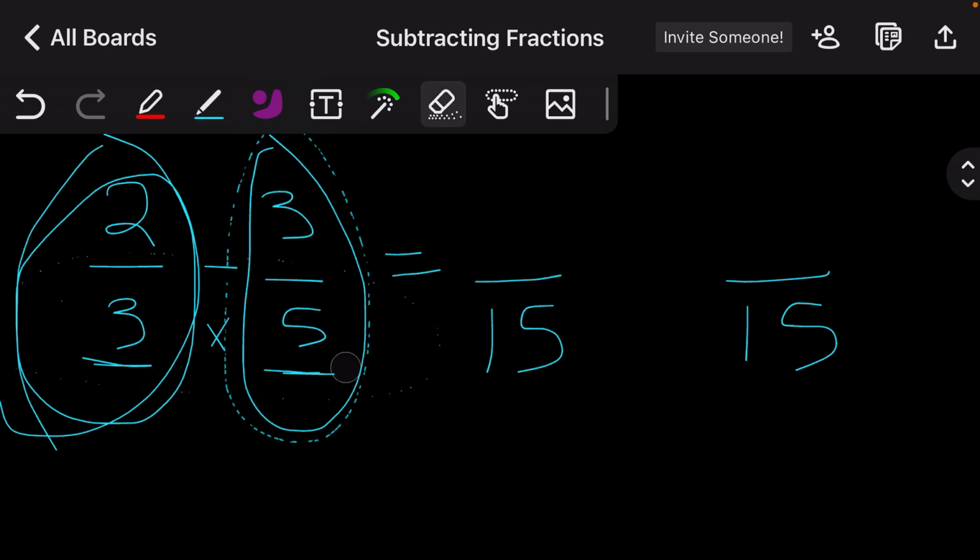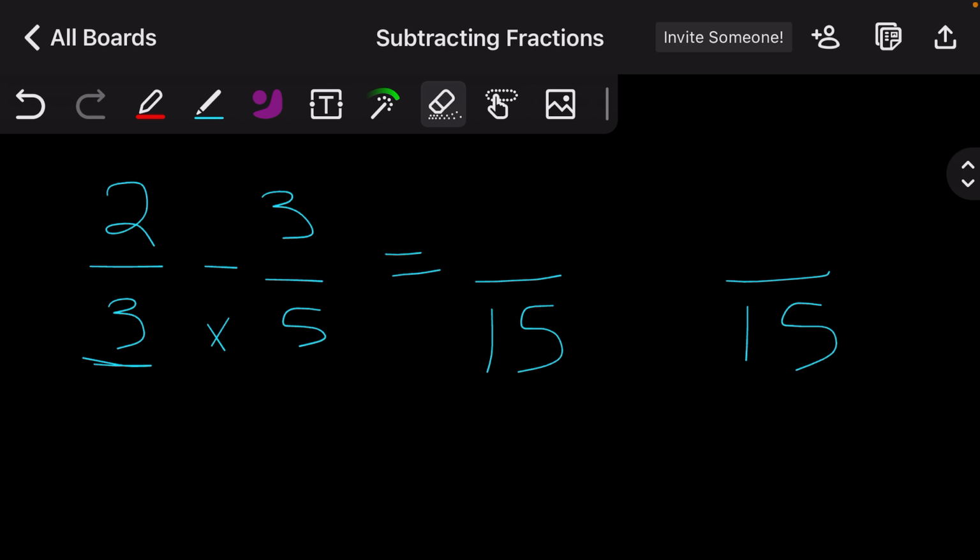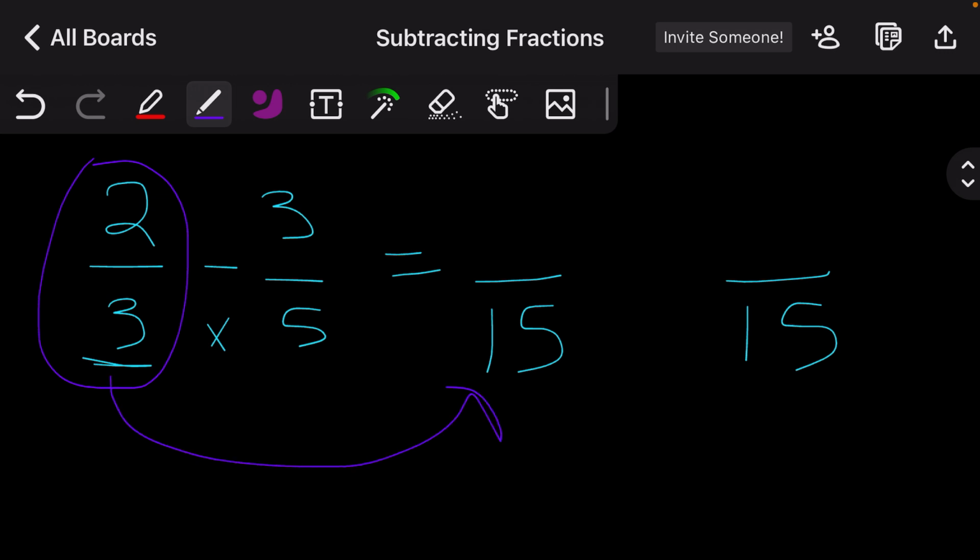And now we can start to look at the numerators. Looking at this first fraction, 2/3, we started with a denominator of 3, and we ended with a denominator of 15.